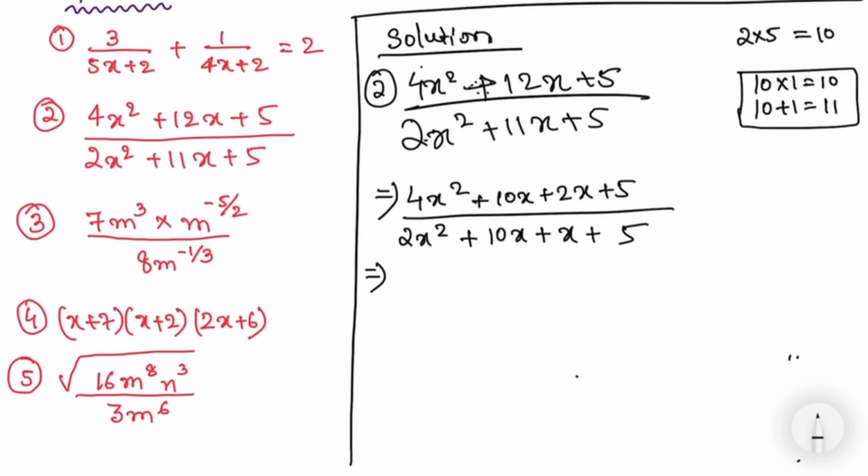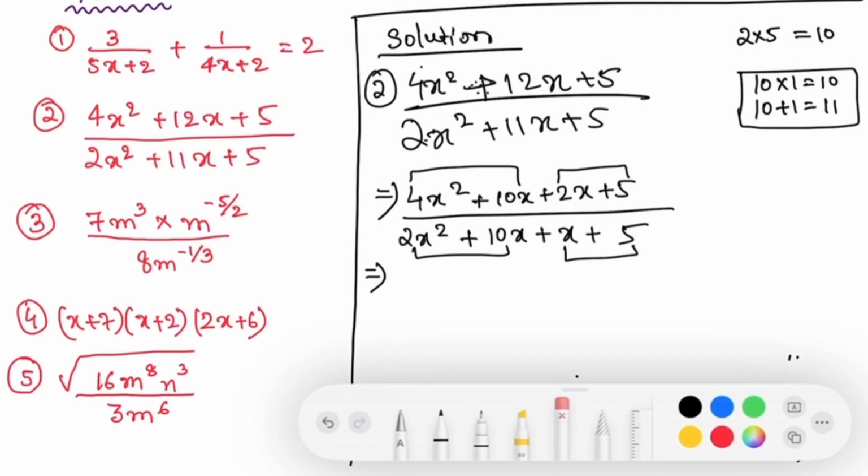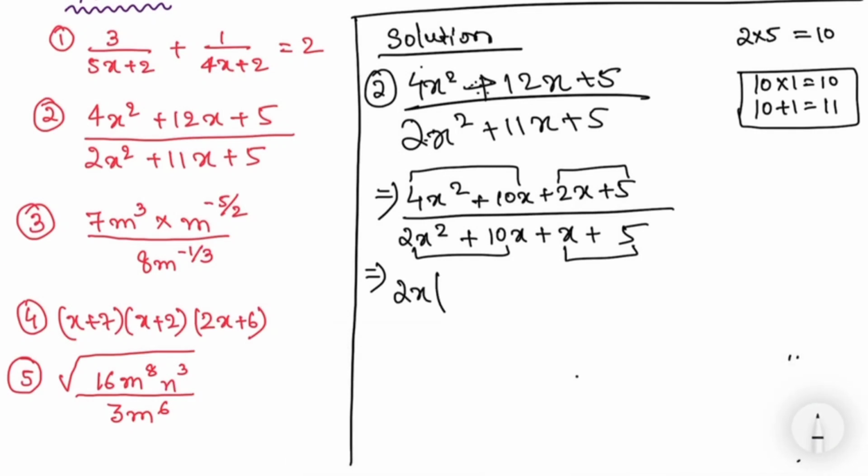Let's take a pair from both the denominator as well as the numerator. I'm taking 2x as common now. So it will be 2x plus 5, plus in the second group there is nothing in common, so we will just take 1 as common and write the same thing, 2x plus 5.